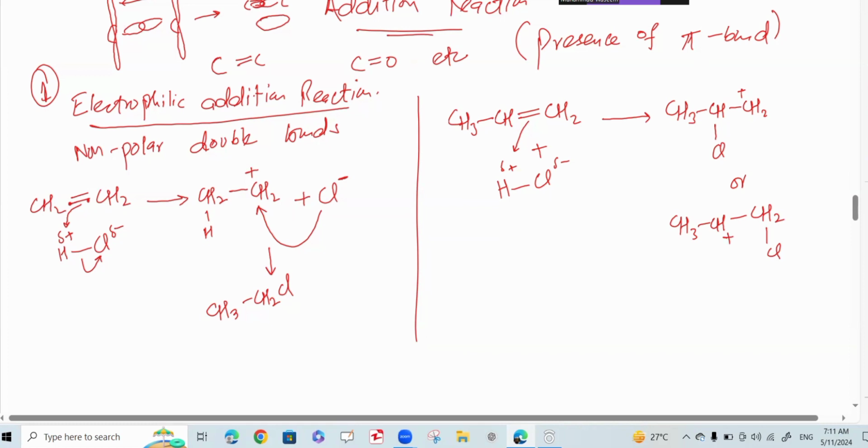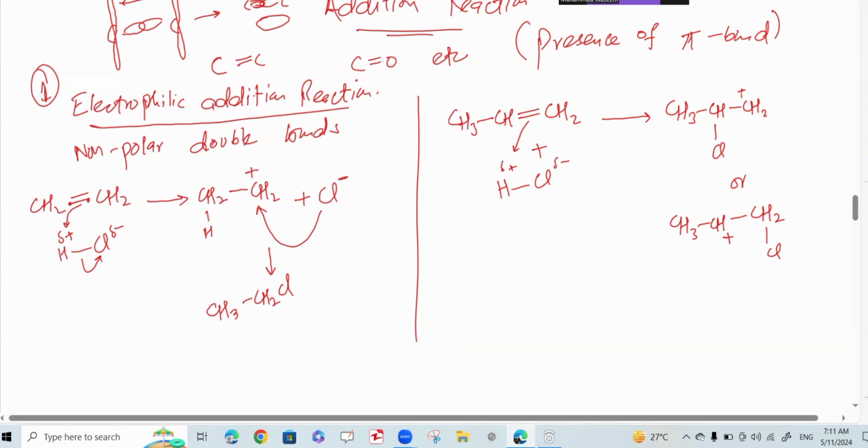Here a carbocation is formed for some time, then the second gets attached. But here we have to understand which one is the major product and which one is the minor product.